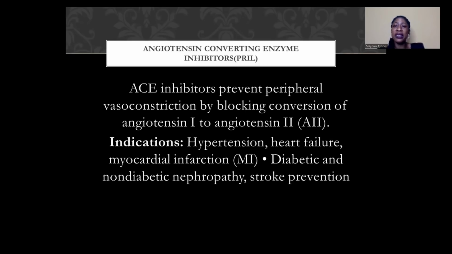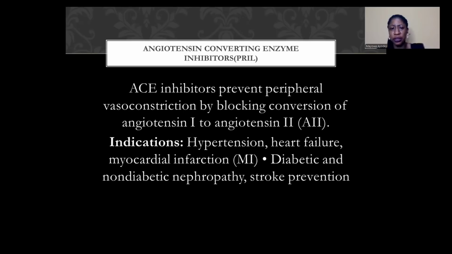So it plays a role in the increase of blood pressure. It is this angiotensin 2 that helps the blood pressure go up. So angiotensin converting enzyme inhibitor prevents angiotensin 1 from being converted to angiotensin 2. And once angiotensin 1 is not converted to angiotensin 2, what will happen?